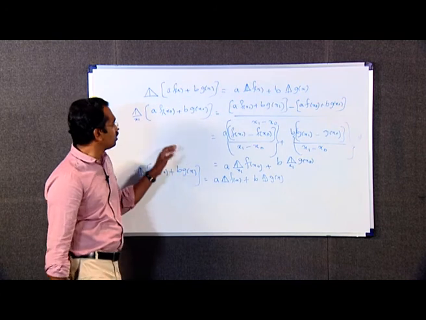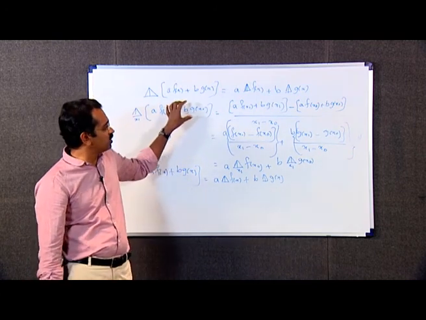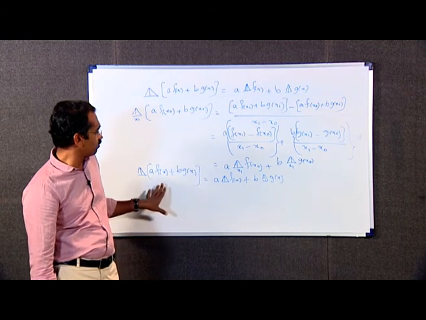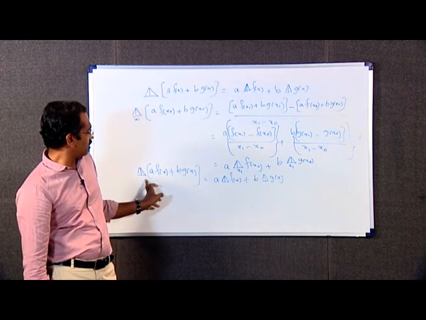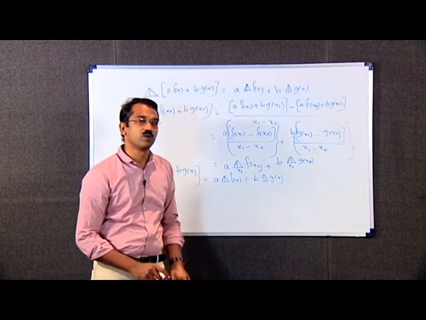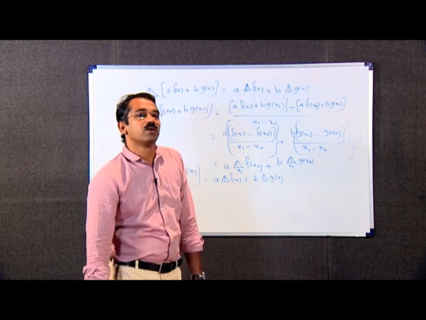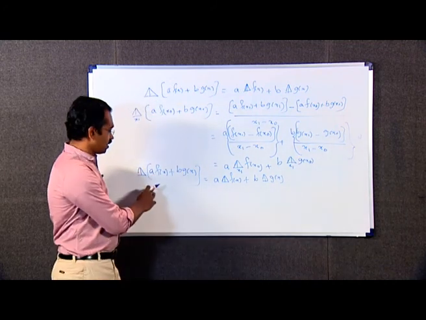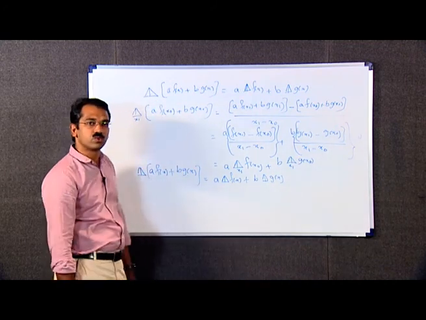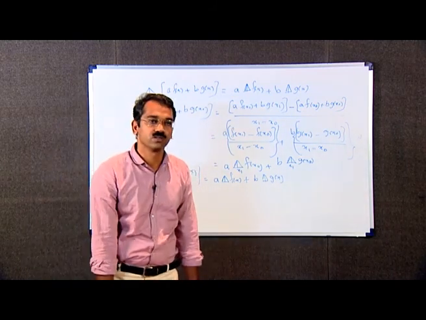We just proved it for two arguments x0 and x1. If we proceed like this, we can prove in general that the operator divided delta is linear. This linearity property is true with respect to all the higher order differences also.